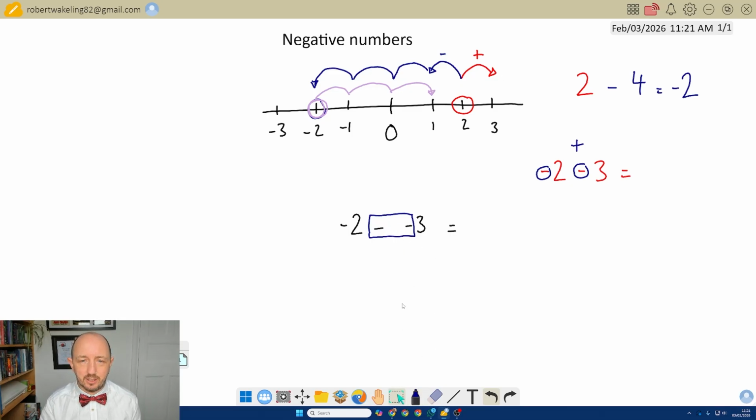They're next to each other with nothing in between. So we've got a minus and a minus with nothing in between. There could be a bracket, but that doesn't really count. We can just kind of ignore that bracket. And so in this case, these two minuses would turn into a plus. So it would be minus 2 plus 3, just like we had with the previous example.